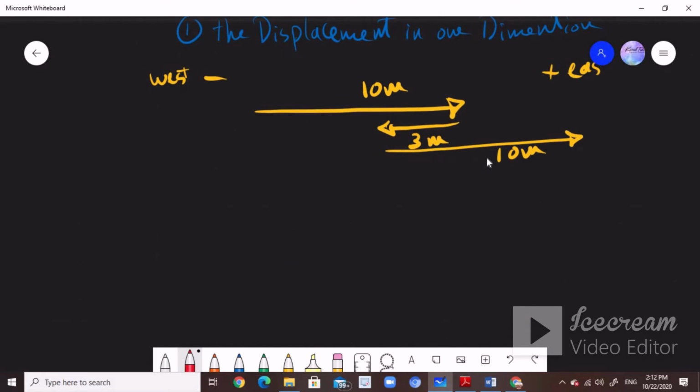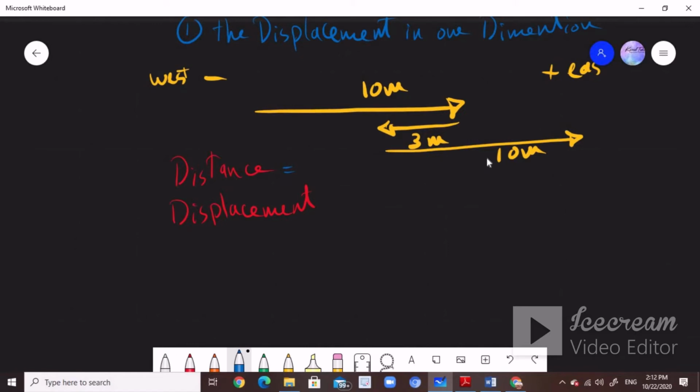Now here he asked you about the distance and displacement. The distance, as I told you before, will be all of the movement without direction.